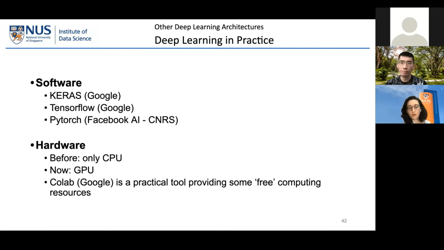Maybe you need to consider GPUs. Colab also provides you some free GPU access, if I'm not mistaken. But it comes with some drawbacks of this Google shared tool.